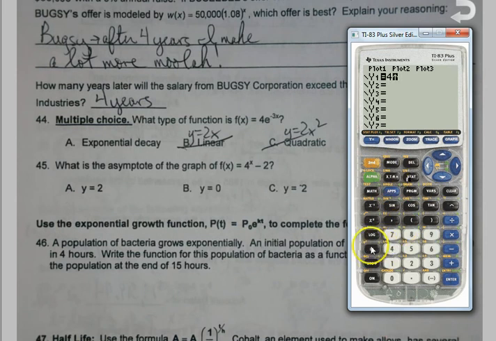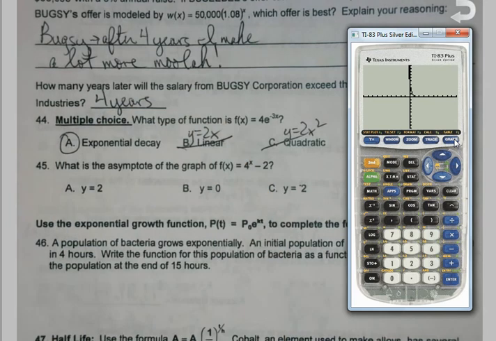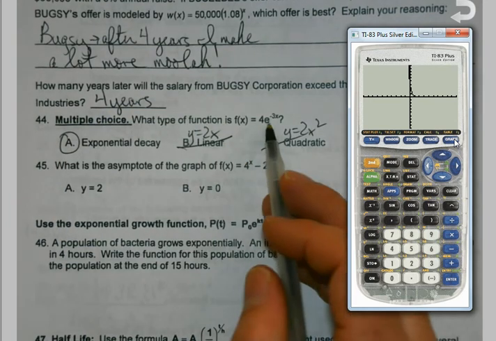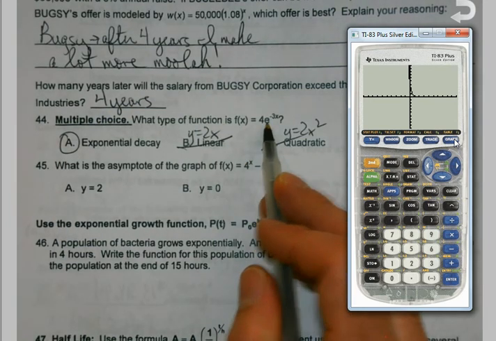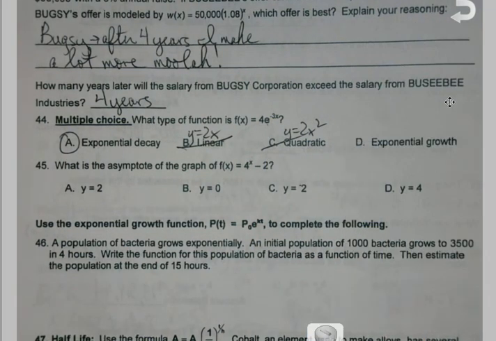Now, I would hope, well, I'll keep my mouth shut until we look at the graph here. We are definitely looking at decay, but again, e typically is going to be growth, unless a negative exponent makes it act the opposite of what it normally would. But again, if you look at the picture, that's okay.